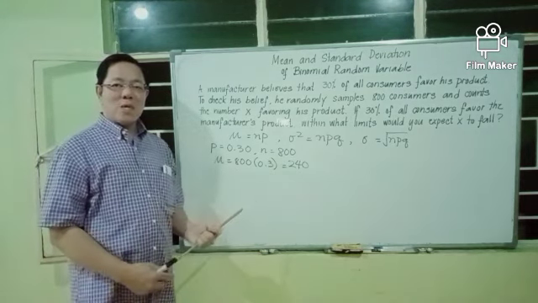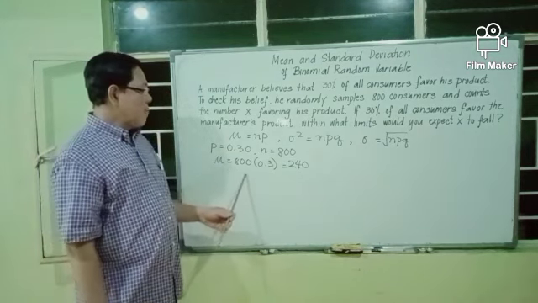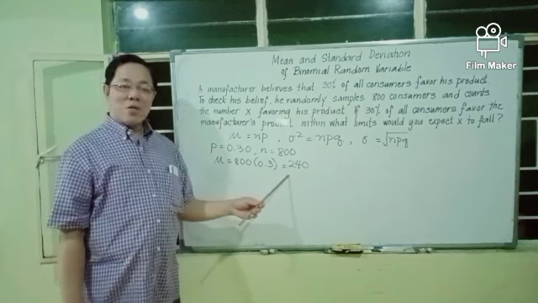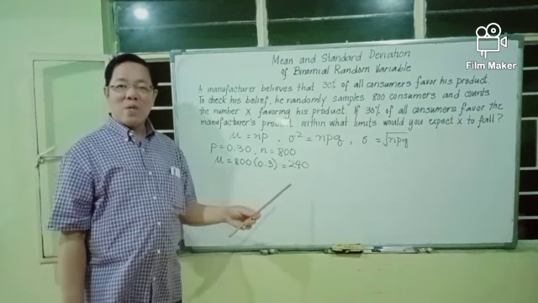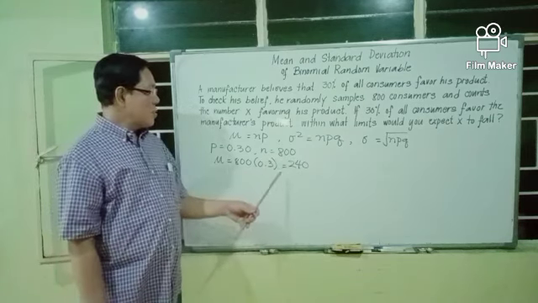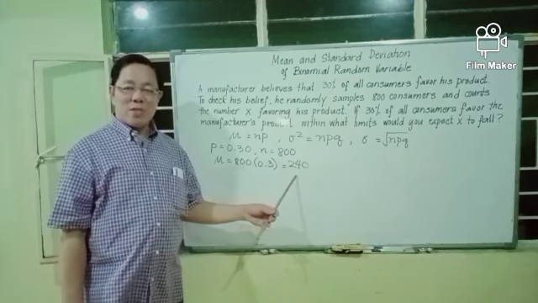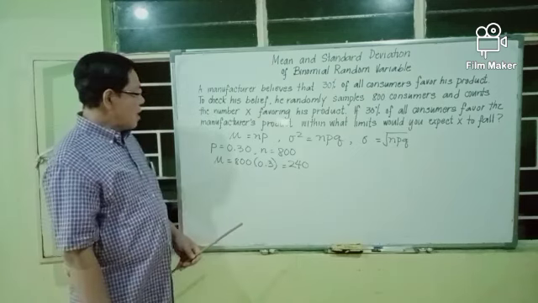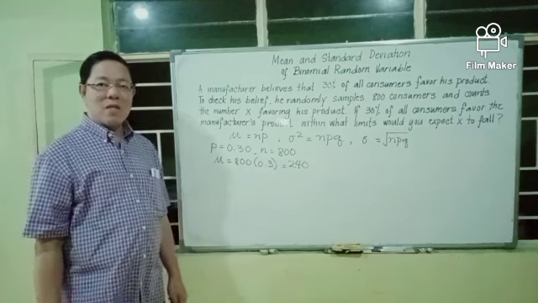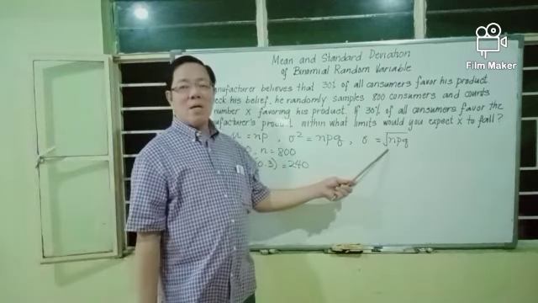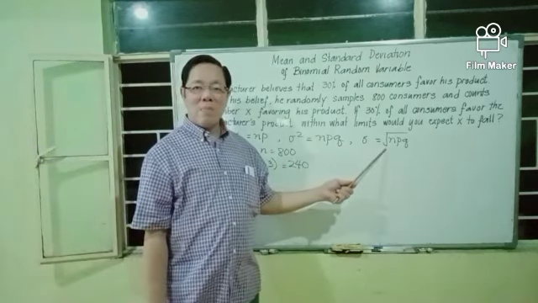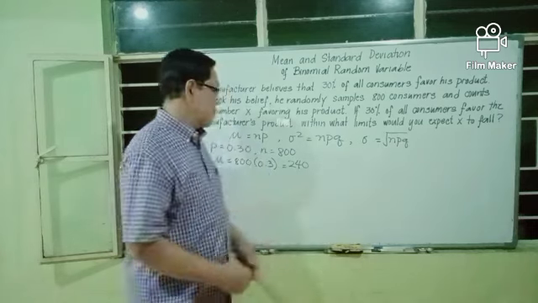On the average, we would expect the number of consumers from 800 who favor the manufacturer's product to be 240 consumers. And we also compute the standard deviation. It is the square root of the product of n multiplied by p multiplied by q.